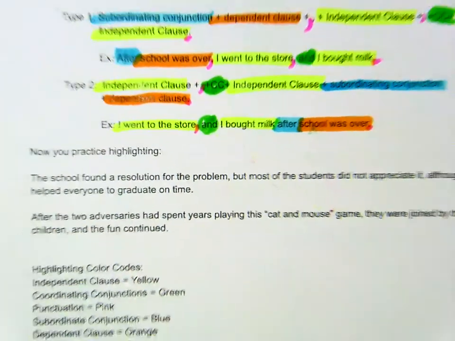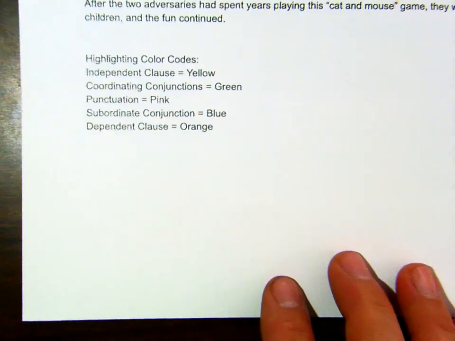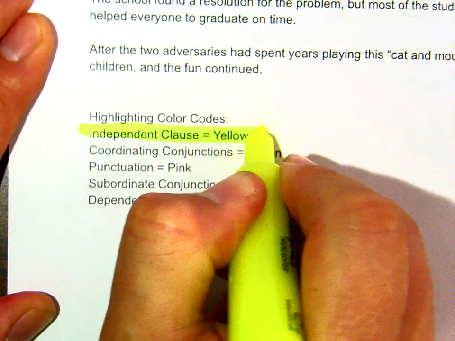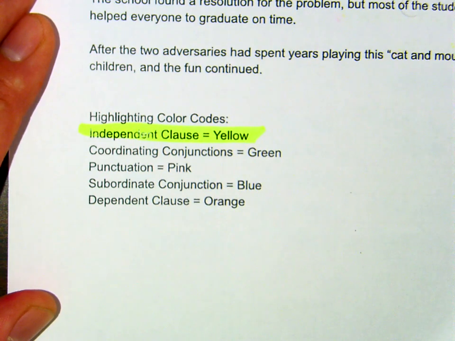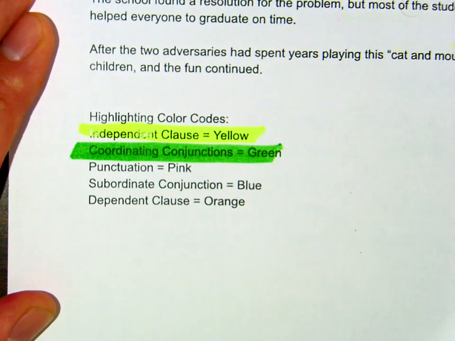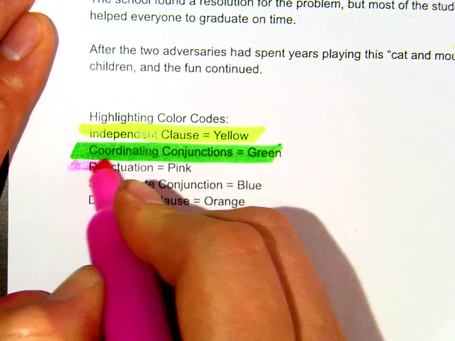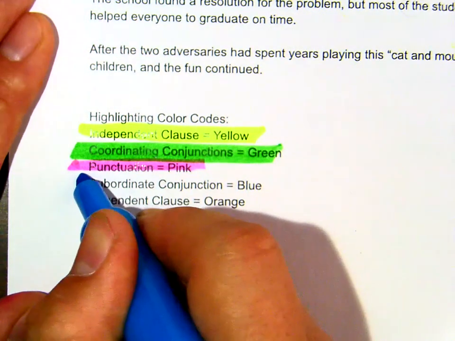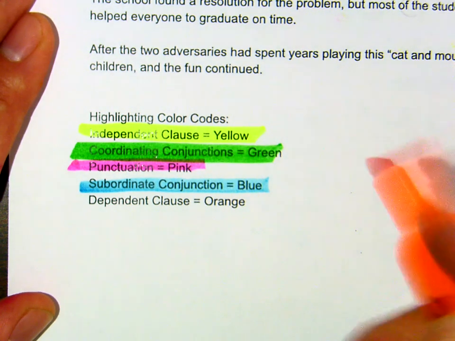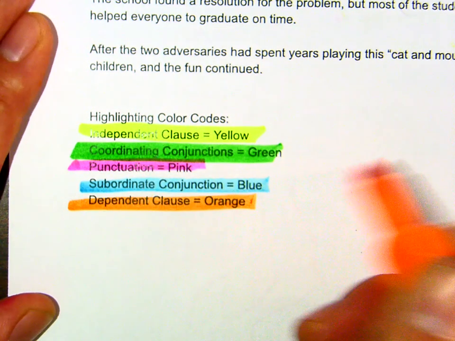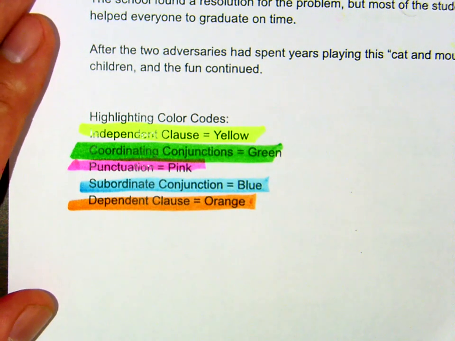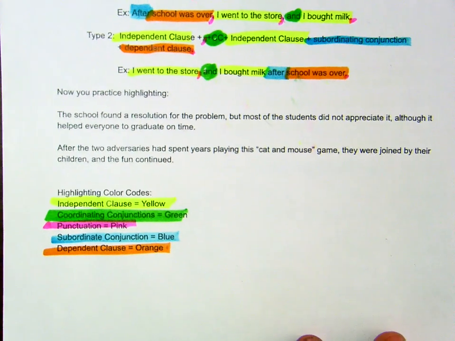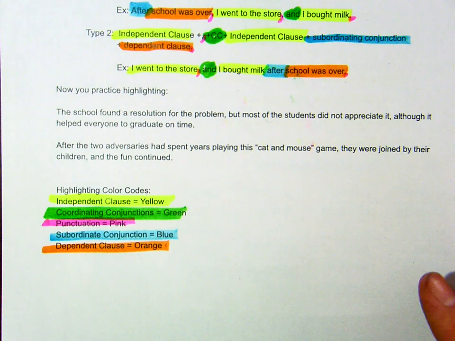Okay, so a reminder, the highlighting color codes are independent clauses are yellow, your coordinating conjunctions are green, any punctuation, commas, periods, semicolons are pink, a subordinate conjunction is blue, and dependent clauses, which can't stand by themselves, are orange. So go ahead and practice with these next two sentences right here. Take a look and identify what parts are what.